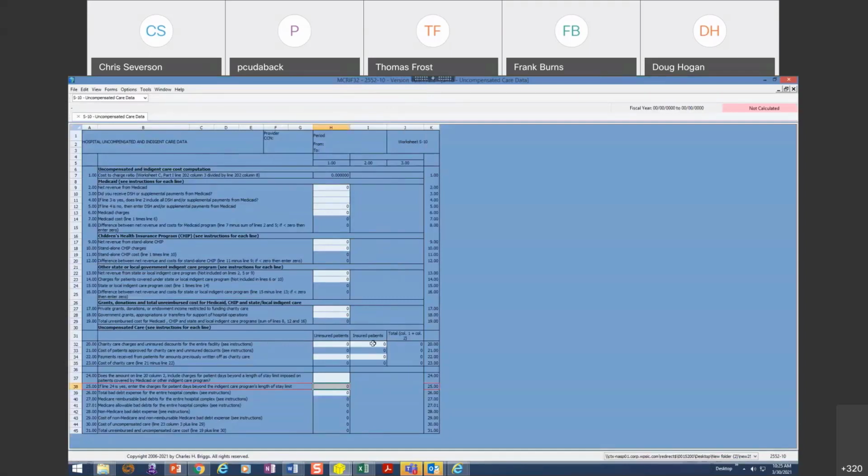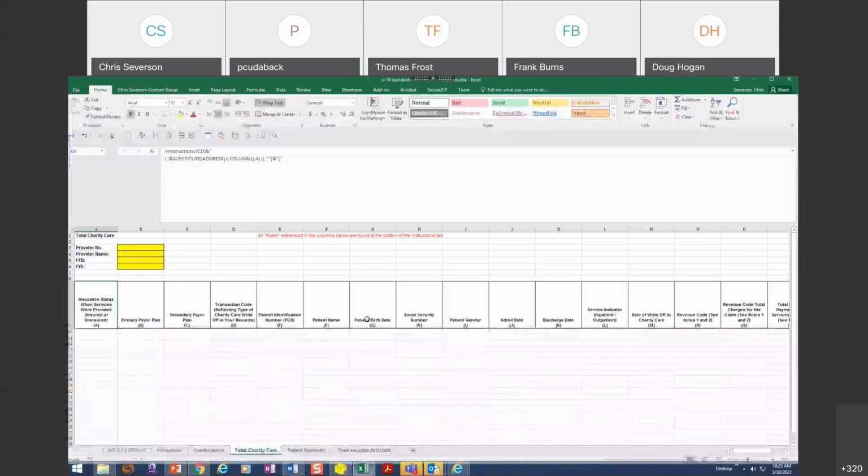So half of that claim is going to have coinsurance and deductible related to it. The other half of the claim is uninsured and it's going to have charges related to it instead. So the only real clean way to do that is to have that one claim split across two rows. Half of it would be insured. I'm just saying half generically. Part of it would be insured, part of it would be uninsured. So to directly answer your question, yes, that would be uninsured where that portion of the claim is not covered.